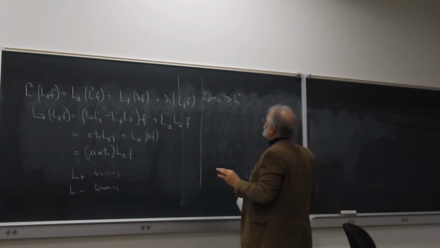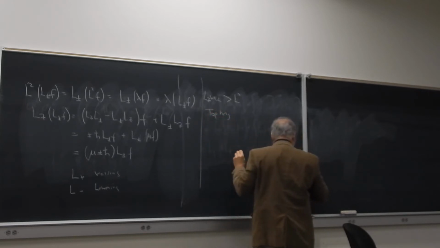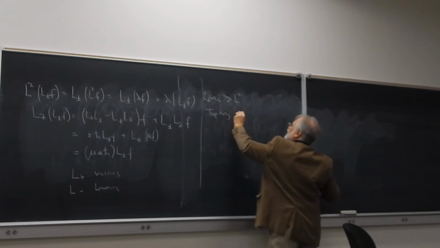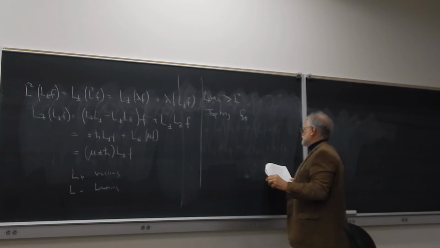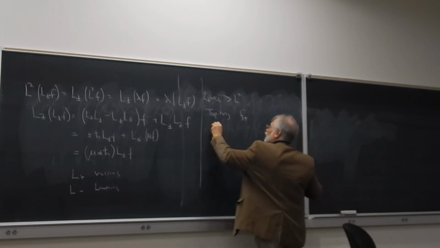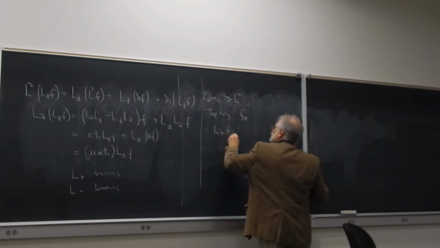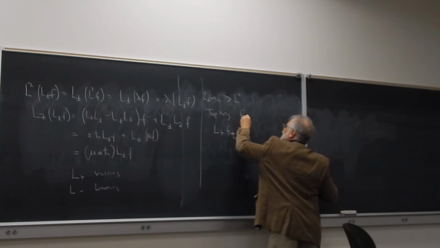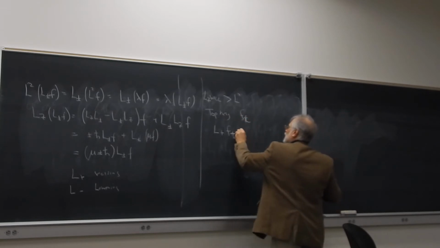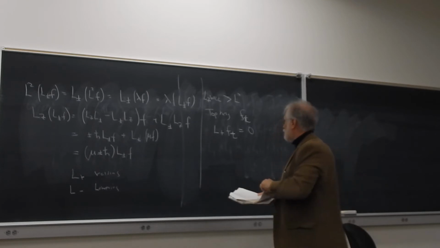So what we have to do is assume that in our ladder there's a top rung. I can't go any higher than this. And I'm going to say that that rung corresponds to a state f sub t, for top, such that when I apply my raising operator L plus to that top, I get 0. That's the end of the ladder.